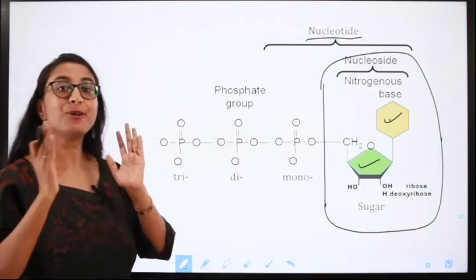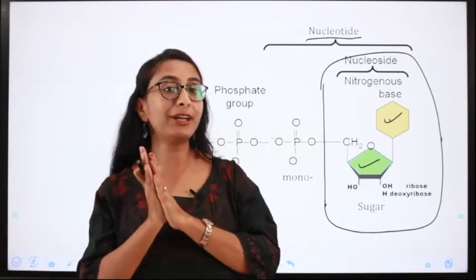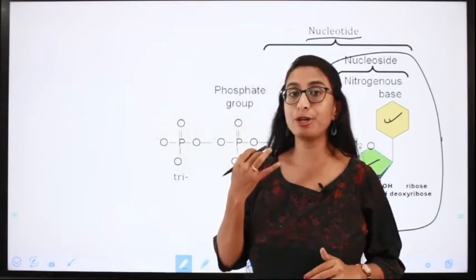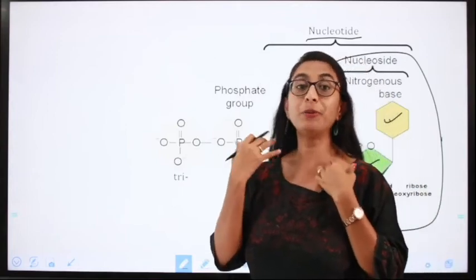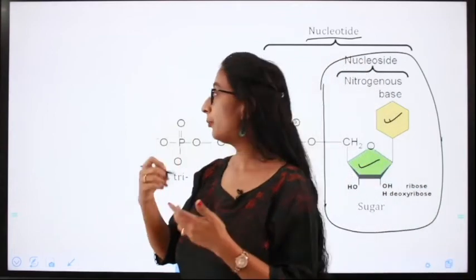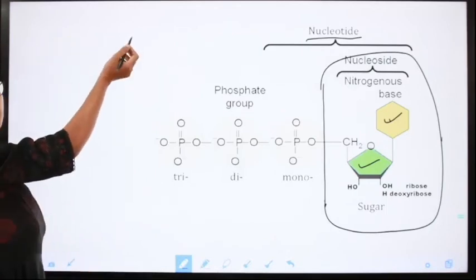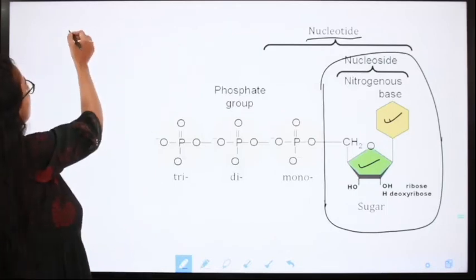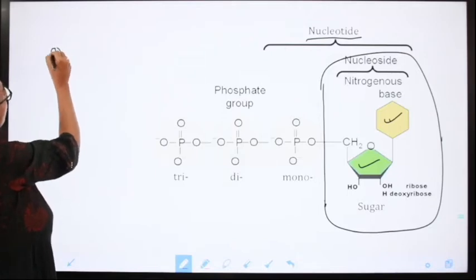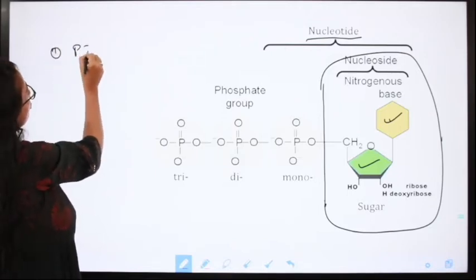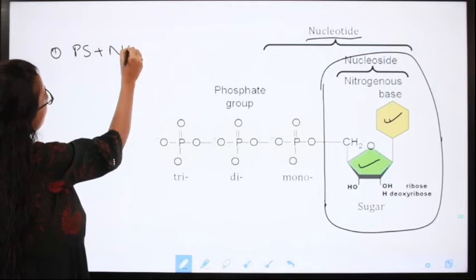So did you understand what's the difference between a nucleoside and nucleotide now? So you can have questions making you confused between this also. So you might get a question asking, what are the components of a nucleoside? So the options might be, first option can be, it is the pentose sugar plus nitrogenous base.